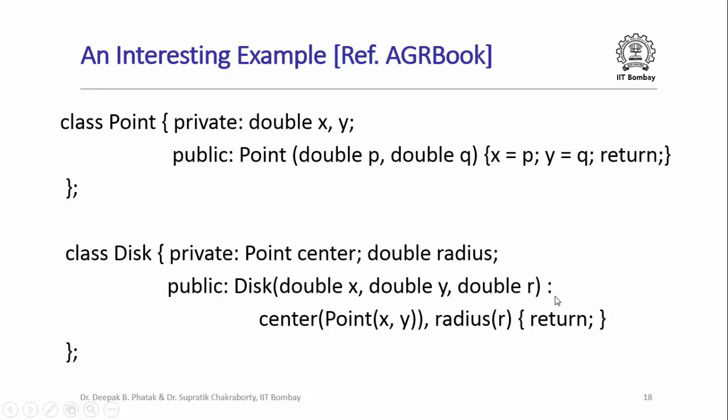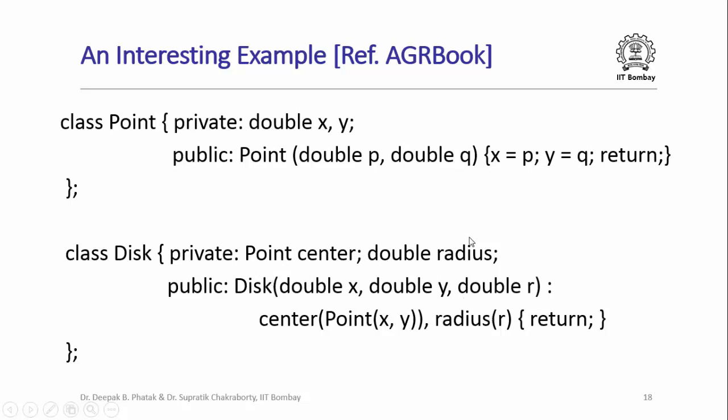So the constructor function for disk can take in three parameters x, y and r, all of which are double valued, and then it can basically say that the data member center is to be initialized with whatever the constructor function for point returns when you invoke that constructor function with the parameters x and y of the constructor function for disk.